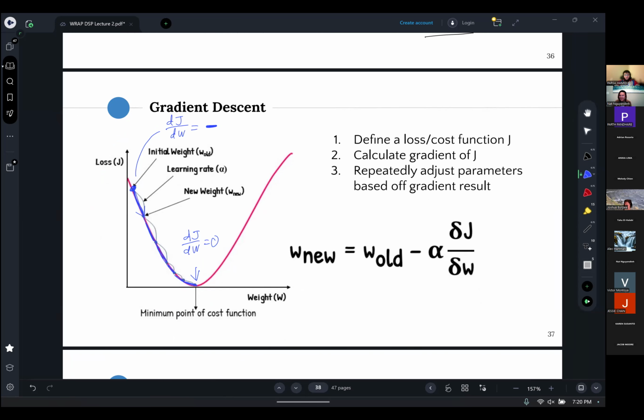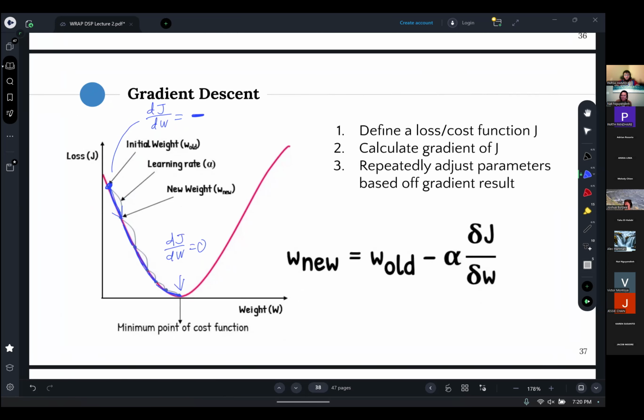If I want to model this mathematically, with W as my input, my new value of W is equal to my old value of W, plus or minus, depending on how you define it.